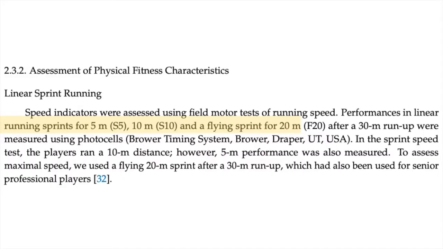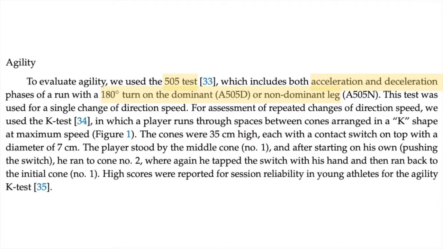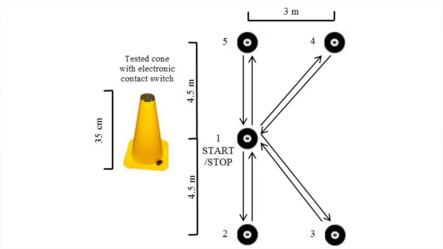The assessment of physical characteristics: linear sprint, agility, repeated sprinting ability, and aerobic capacity. So the linear sprint, they tested the 5 meter, the 10 meter, the 20 meter. For the agility, they focused on a 505 test for acceleration and deceleration, 180-degree turn on both the dominant and non-dominant leg, and then a K test for repeated change of direction.